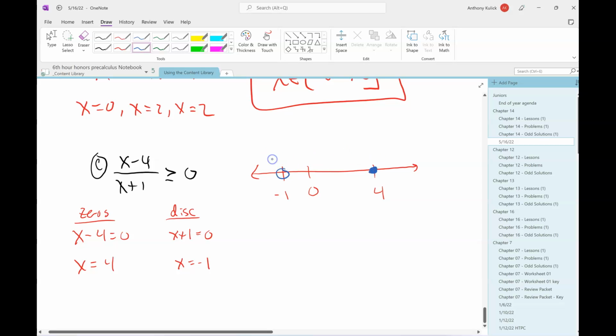It's open. Why? The function is undefined at the discontinuity. All discontinuities are going to be open circles regardless of whether the inequality is a strict inequality or an or equal to inequality. Everybody's good with that?